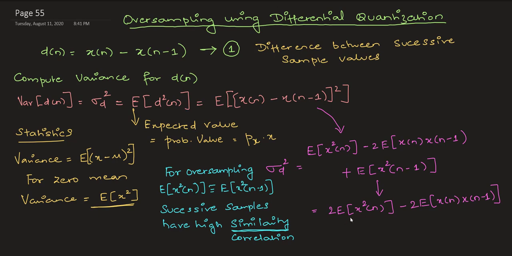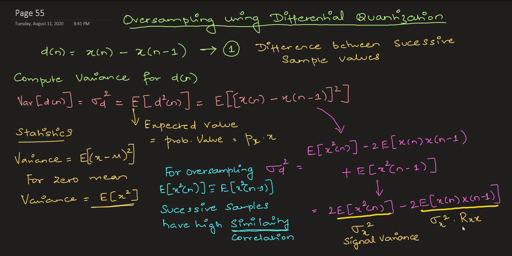What I'm going to introduce is that this is also equal to sigma x square, but with an autocorrelation term multiplying it, since I am taking the expected value of two successive samples and not the same sample squared. So I introduce the correlation parameter r of xx.